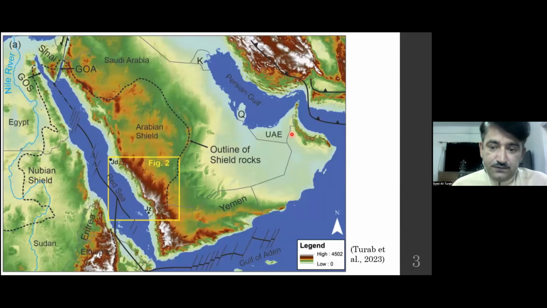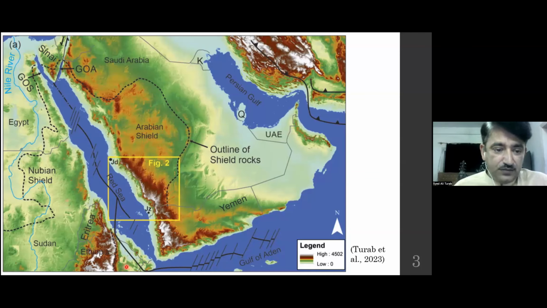This is the figure which shows the location of the study area. That is the escarpment of southwestern Saudi Arabia and its coastal plain in relation to the Red Sea rifting. The Arabian continental block, or the Arabian plate, was detached at around 25 million years ago from northeastern Africa.